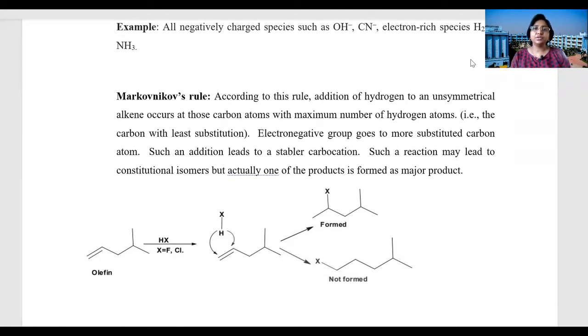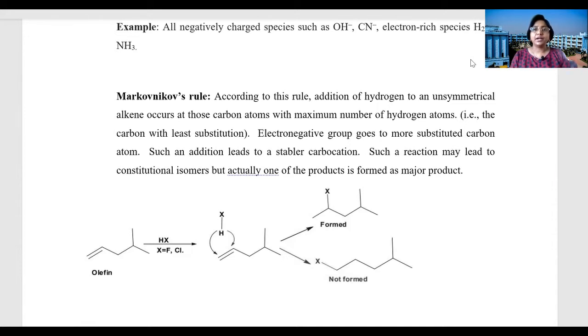According to this rule, addition of hydrogen to an unsymmetrical alkene occurs at the carbon atom with the maximum number of hydrogen atoms, that is, the carbon with the least substitution.